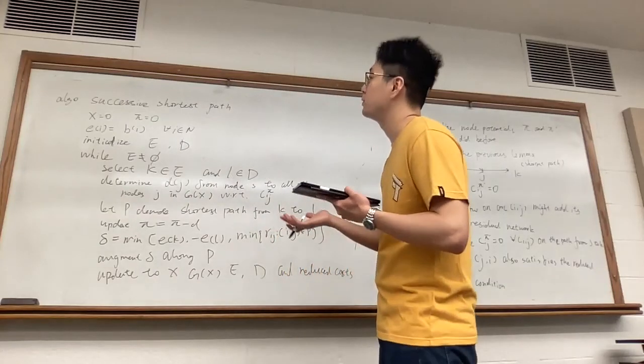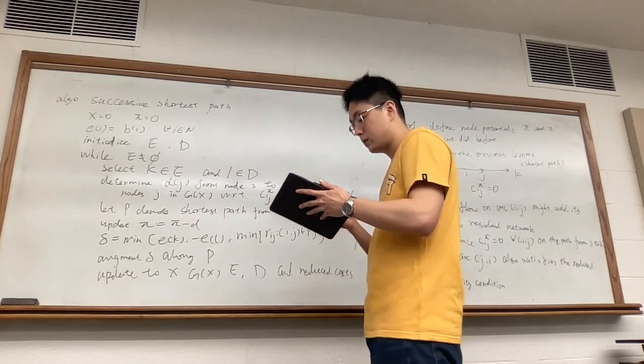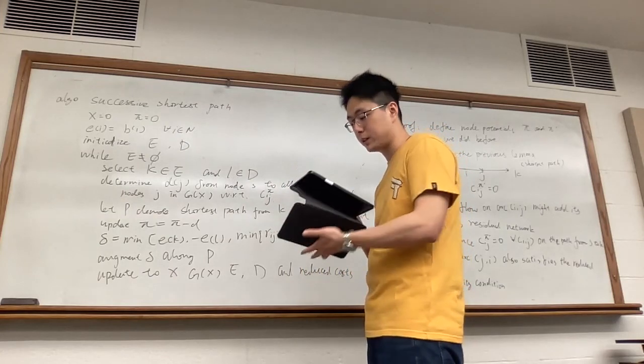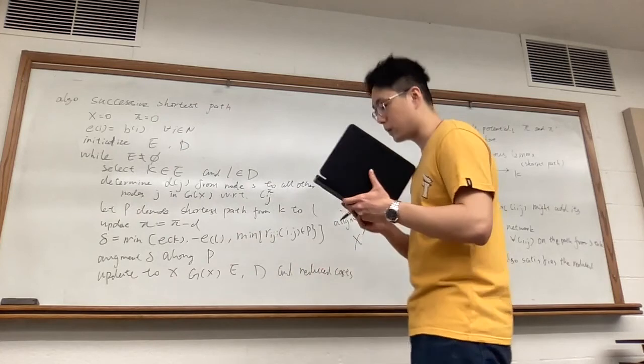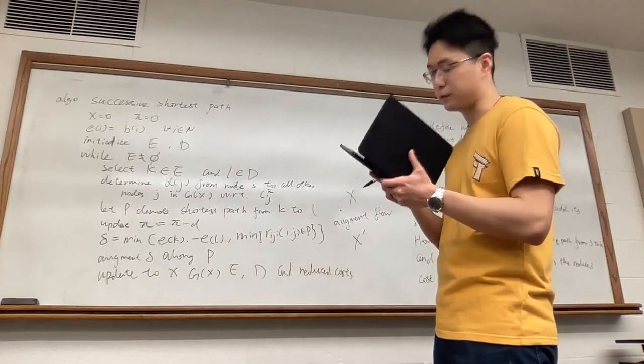This is the successive shortest path algorithm. So I think that's the end of today's section. If you have any question with respect to this algorithm, just feel free to ask.